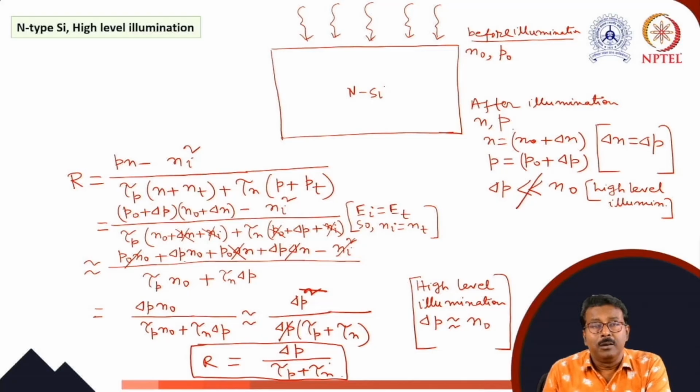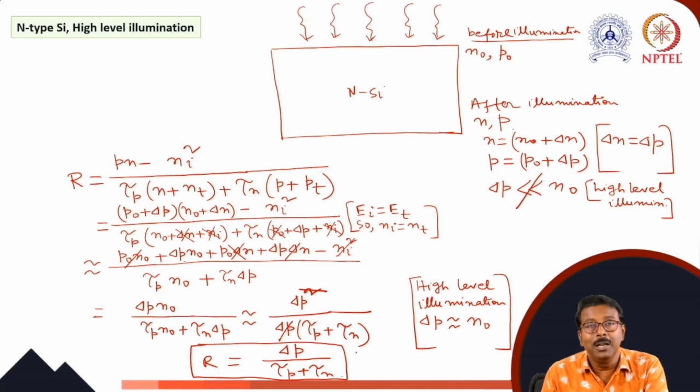From the basic sense of physics we can consider it this way: in low level illumination, excess minority holes are less compared to the majority. So the recombination of holes with the majority electrons will be mainly controlled by the minority carrier lifetime, that is, how many minority carriers are there and how they recombine with the electrons.